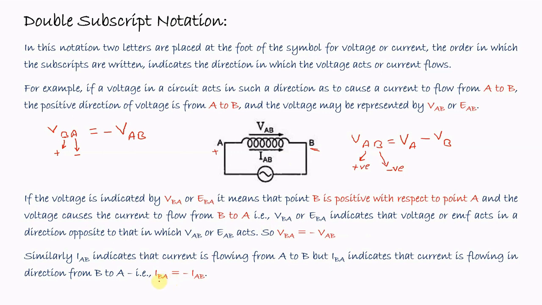IBA means the current should flow from B to A, but actually the current is flowing from A to B. So IBA can be considered as the negative of IAB. So this is the concept of the double subscript notation.